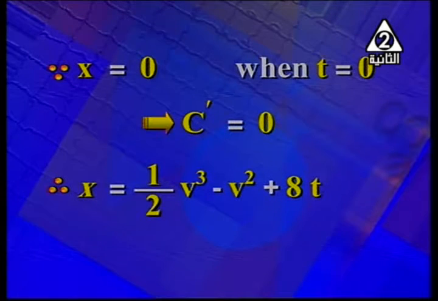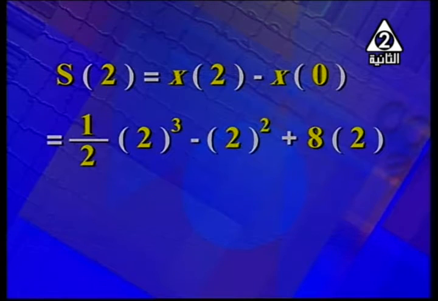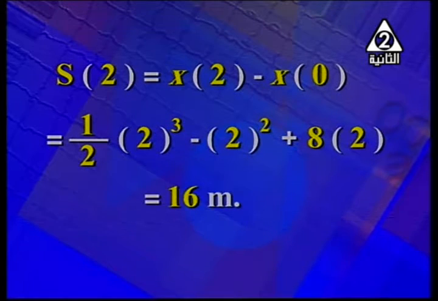The relation is half t to the power 3 minus t squared plus 8t. Find x when t equals 2: half times 2 to the power 3 minus 2 squared plus 8 times 2. Answer is 16 meters.